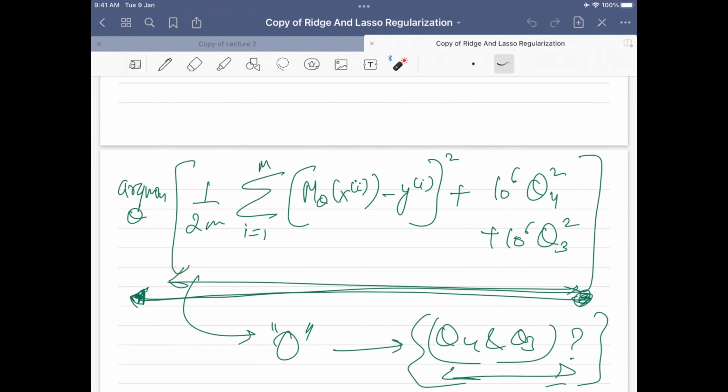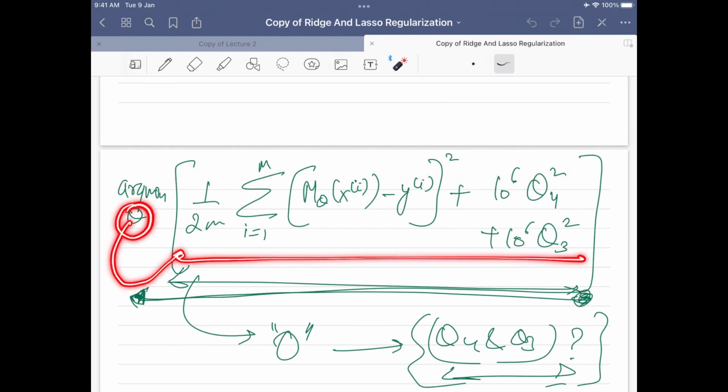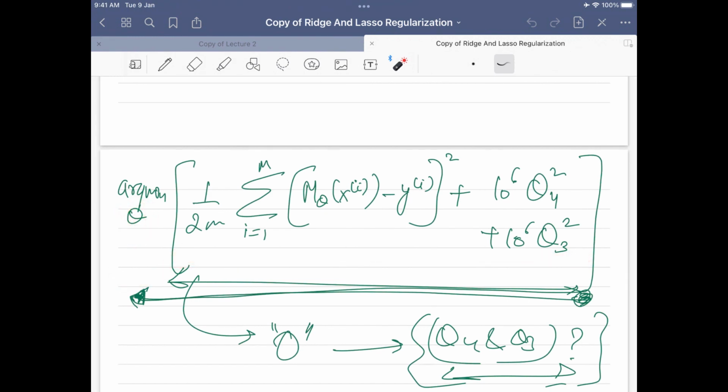Here you can see the original cost function which you already know, and this is the modified cost function with the addition of theta 4 and theta 3. So I have added these two model parameters along with the original cost function. And now we are trying to minimize this cost function, and we want to see what value of theta will help us minimize it. This is what our objective is.